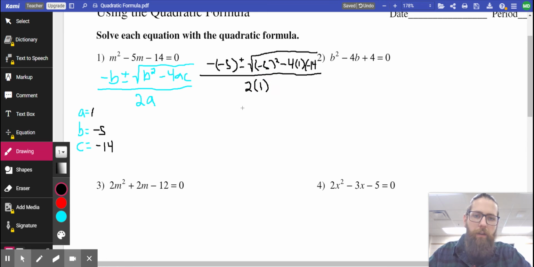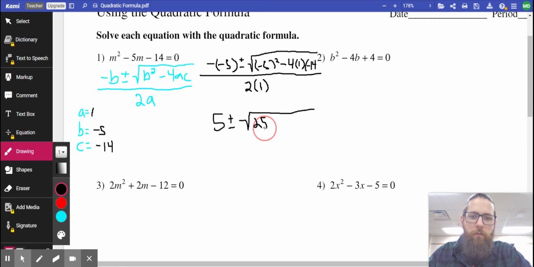Okay, we've got a lot to simplify here, so I'll go through one little bit at a time and see if there's anything I can do to make it easier. So -(-5) is going to make a +5. That looks a little bit easier. Plus or minus the square root, (-5) squared is 25. And then I've got a -4 times 1 times -14.